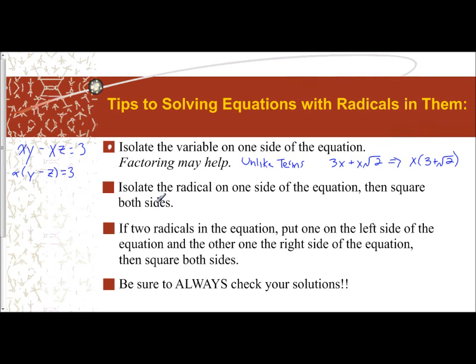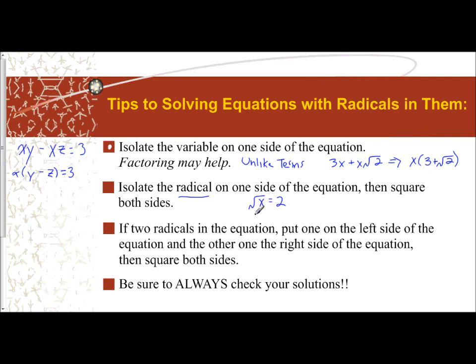Next is to isolate the radical on one side of the equation and then square both sides. This is if you have only one radical. If you have only one radical, what you want to do is make sure you get it on one side. So if I have, let's say, the square root of x equals, we'll just make it easy and say 2. This radical is isolated on one side. There's no operations with it. There's no addition, no subtraction, no division.